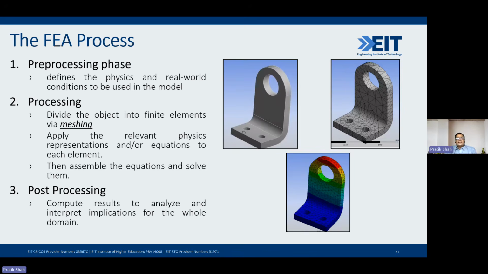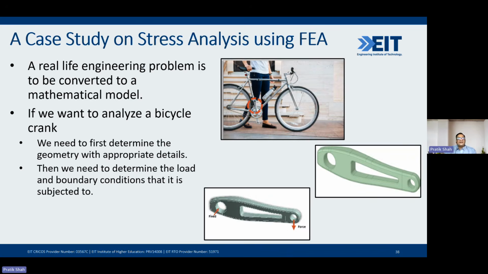Just a small case study of how everything goes underway. If there is a real-time engineering problem like this, then how do I convert the real-time engineering problem into a mathematical model? Basically, I am supposed to analyze this particular crank of a bicycle. The crank is fixed over here to the sprocket, whereas the other end over here has a pedal where normally the motorist would be giving the force.